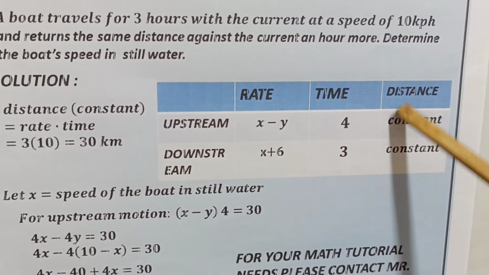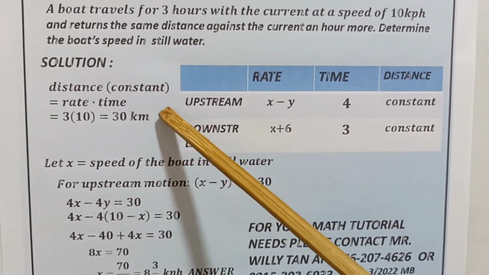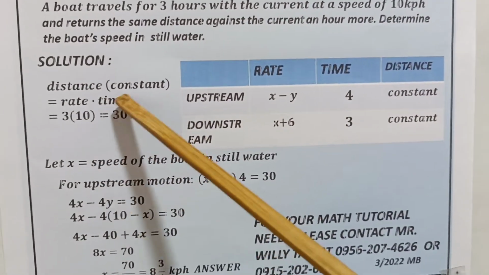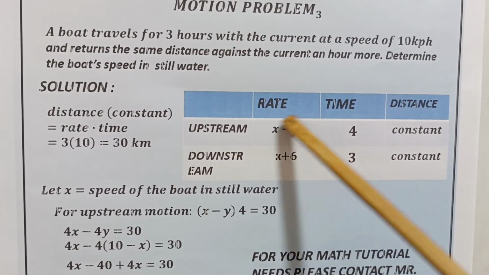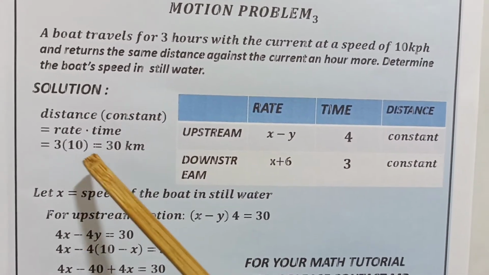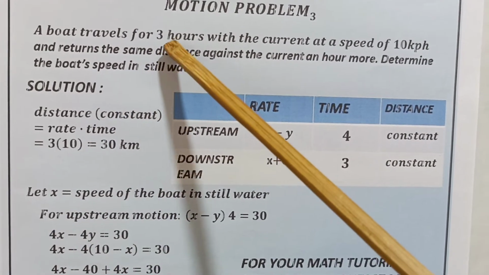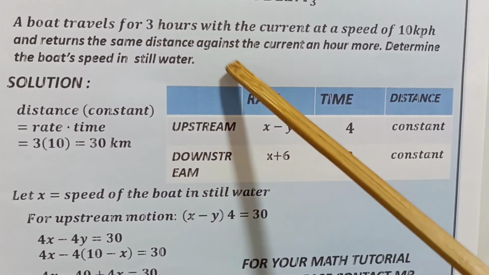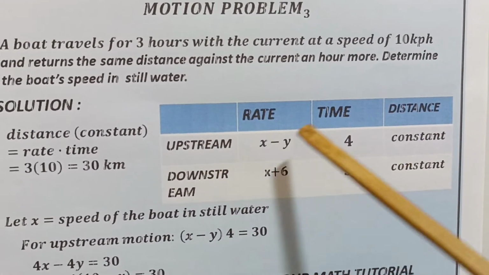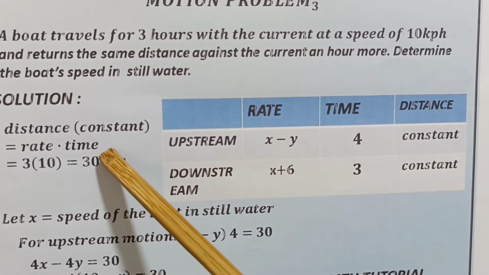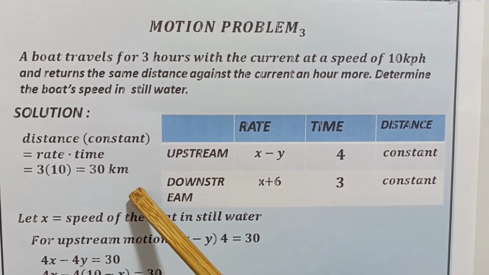It does not change. And as you know, distance is equal to rate times time. So we know that the boat travels 3 hours with a current at a speed of 10 kilometers per hour. Since the distance does not change, the distance is equal to 30 kilometers.